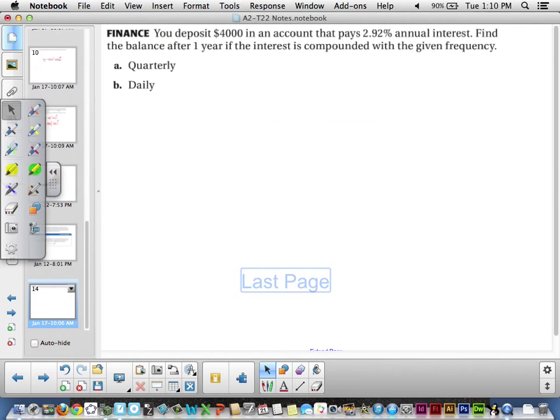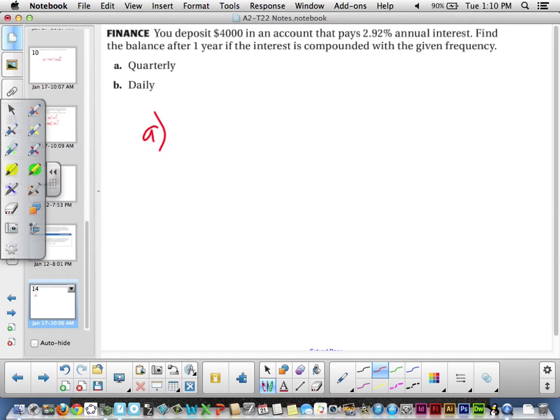So take a look at this final example here. You deposit $4,000 that pays 2.92% annual interest. Find your balance after 1 year if you're compounded with the given frequency. All right, so if you're compounded quarterly, that means you compound 4 times per year. So our equation, initial amount is 4,000. 1 plus our percentage is 2.92%, so 0.0292. Break it into 4 pieces.